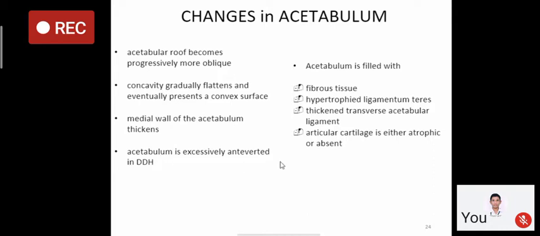And it is excessively anteverted. This is the question asked in NEET exam and other entrance exams after your graduation. And acetabulum is filled with fibrofatty tissue, hypertrophied ligamentum teres, thickened transverse ligament, and articular cartilage is atrophic. See the things, articular cartilage, which is a must for the longevity of the joint, is not there.